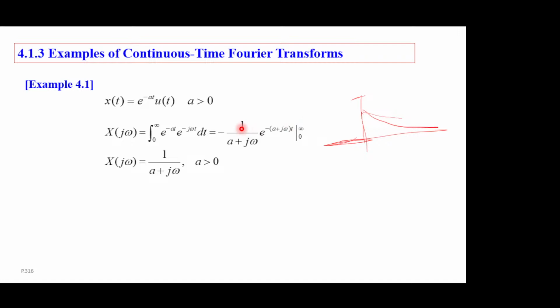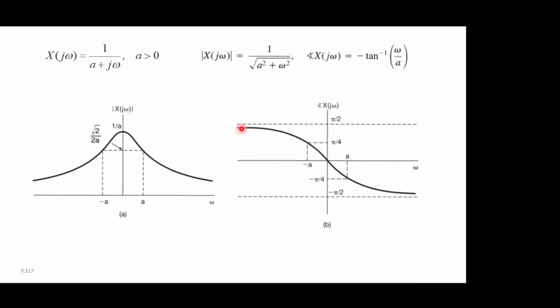Okay. So this is your big X of j omega, and it's a complex function, so we plot it in polar coordinates. We plot its absolute value and its angle. Because it's like 1 over omega, as omega gets bigger and bigger, you get this 1 over omega decay.